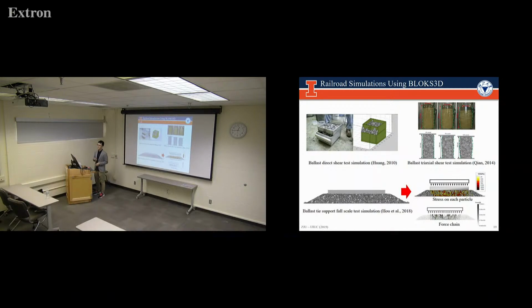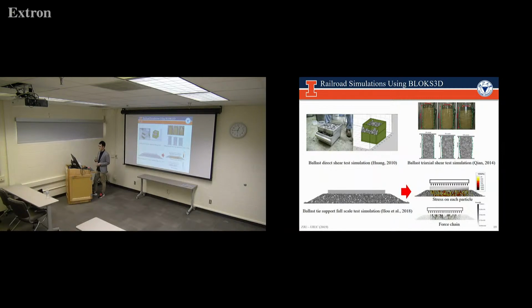Using Block 3D, we have already done some great work on railroad simulations. For example, Feng in 2010 conducted simulations for the ballast direct shear test, and Qian in 2014 did a simulation for the ballast triaxial shear test.